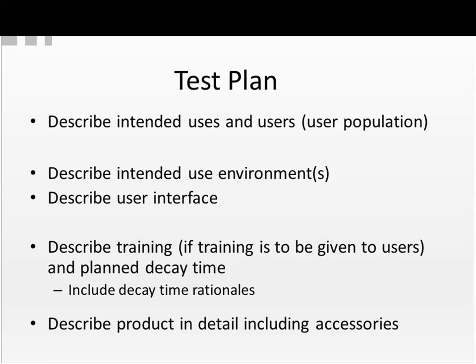We describe the user interface. We describe the training and the decay time and the rationales for the decay time. We describe the product in detail, including any accessories that are provided or recommended.